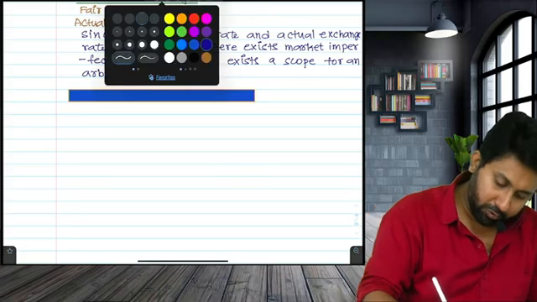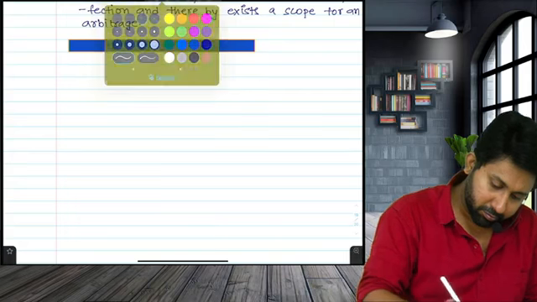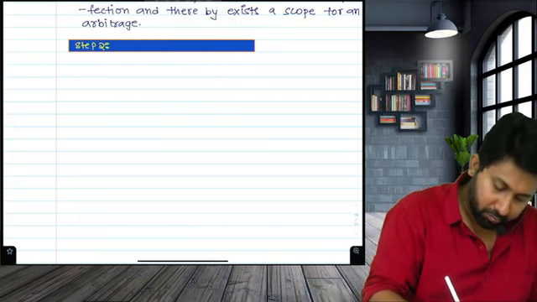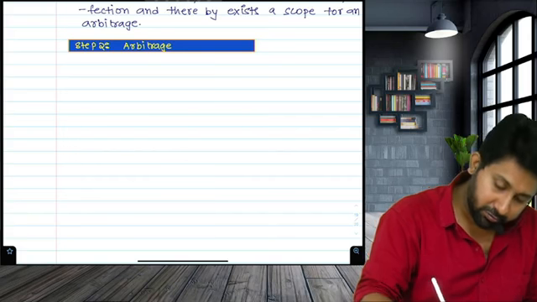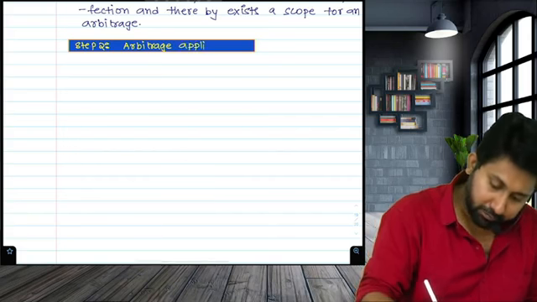Write down step 2: arbitrage application.